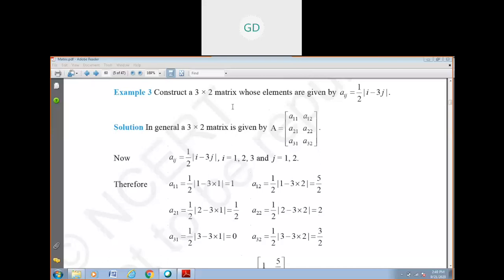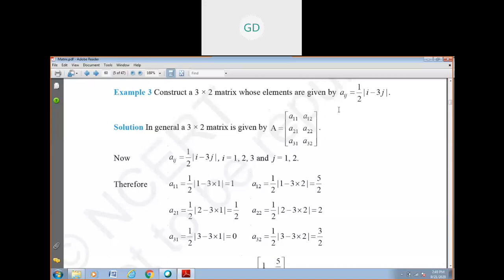But if the elements are not told to you directly, and are defined with the help of a function, here: construct a 3 by 2 matrix whose elements are given by aij equals half into |i minus 3j|, with modulus. This is actually the definition of the elements.